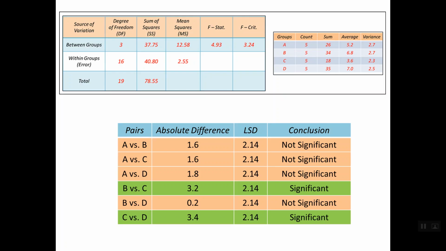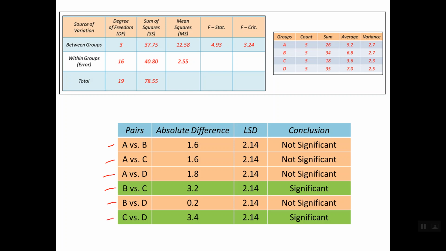So in order to make a summary and a quick revision of what we have done, this is what we have of data. This is the one-way ANOVA table, and all the records are there, and these are the groups and their statistics. We have 6 pairs because we have 4 groups.